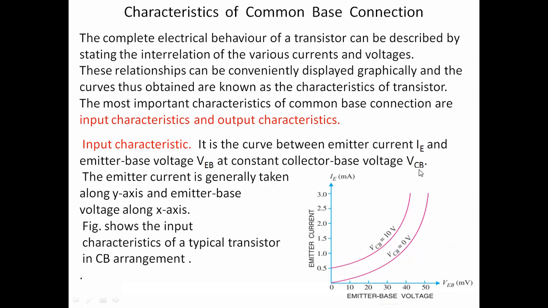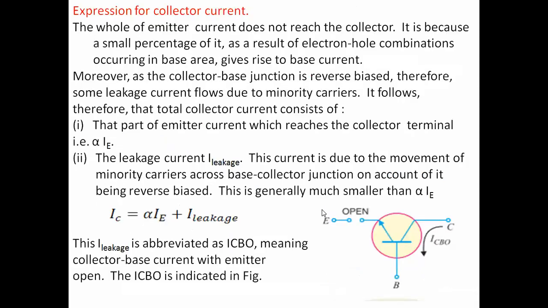The output voltage between collector and base should be maintained constant at that moment. So we can increase the emitter to base voltage, and how the emitter current increases, that we will study for the common base configuration.